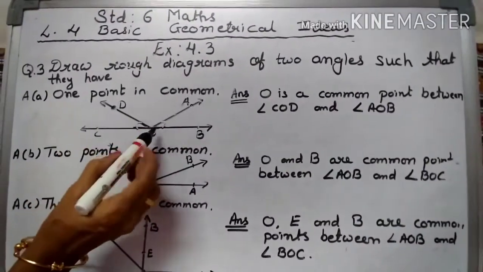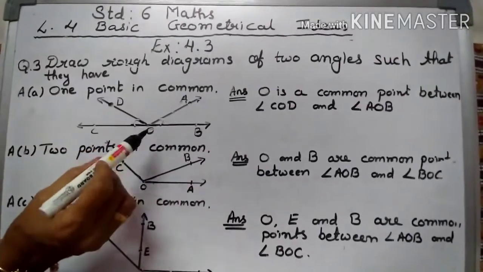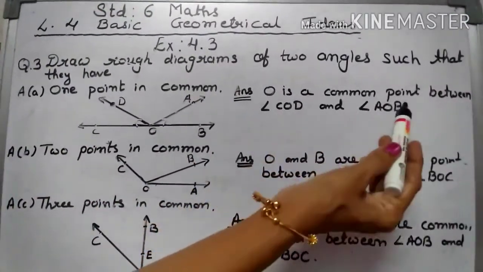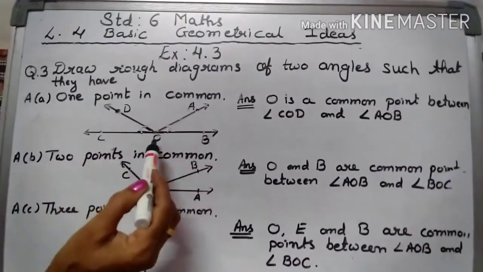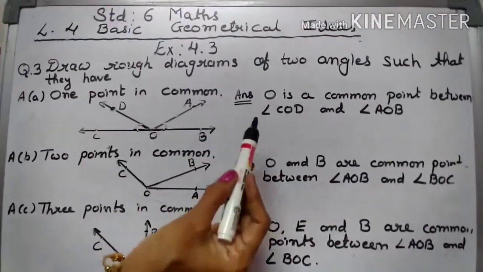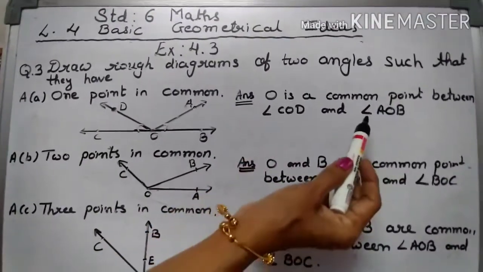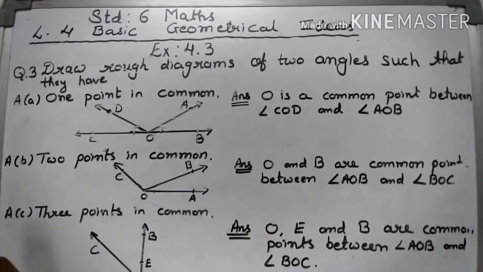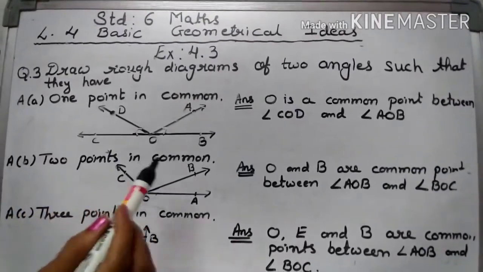These are the two angles which have one common point, that is O. O is a common point between COD and AOB. You have to write down this symbol of angle. Don't forget to write down this symbol of angle. Now our second, B. 2 points in common.